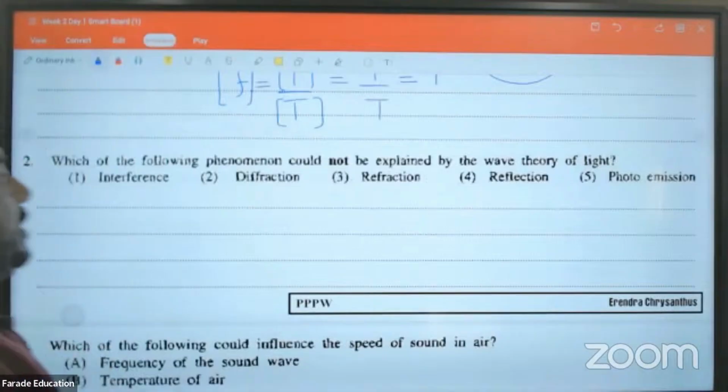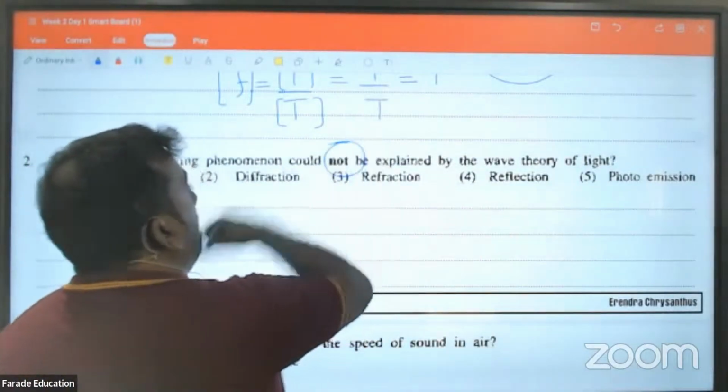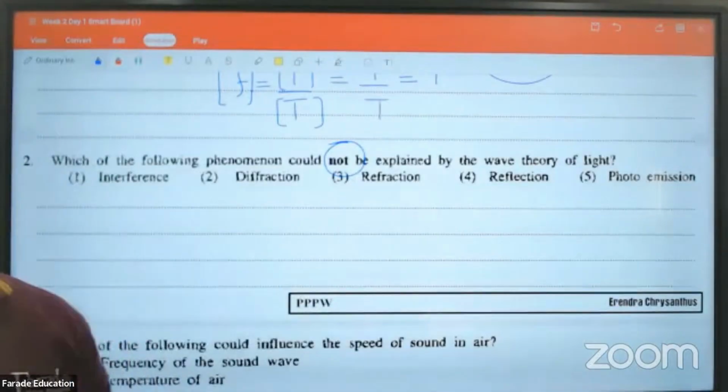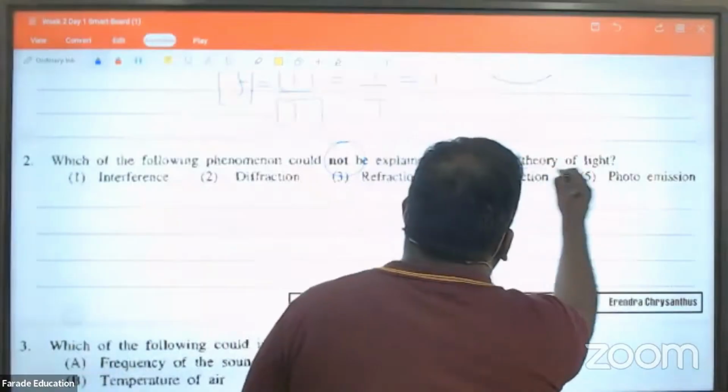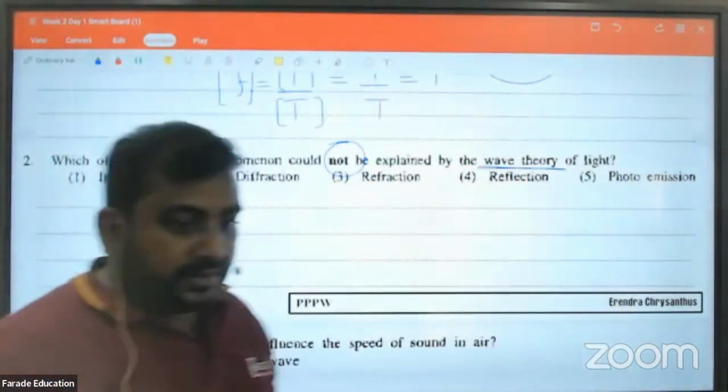Which of the following phenomena could not be explained by the wave theory of light? Now in wave theory, what do we learn?